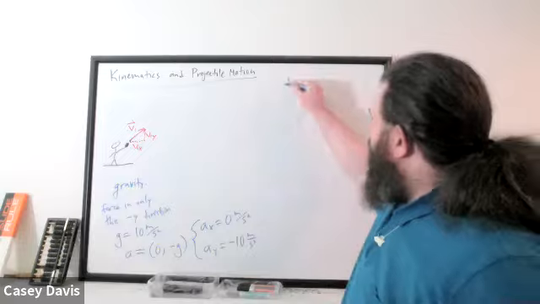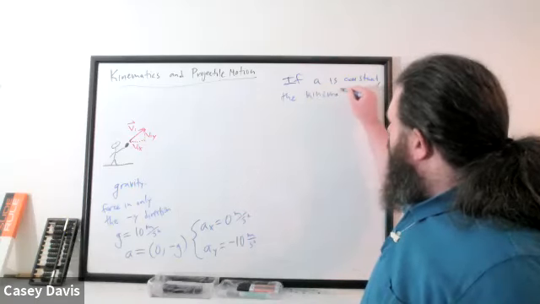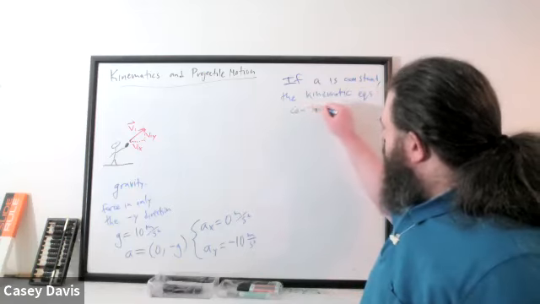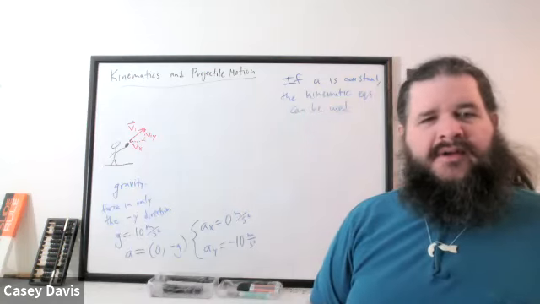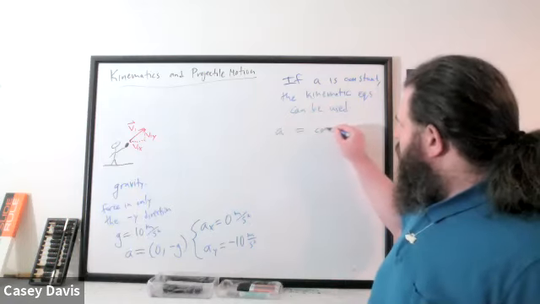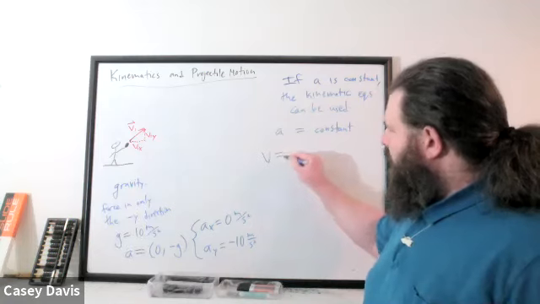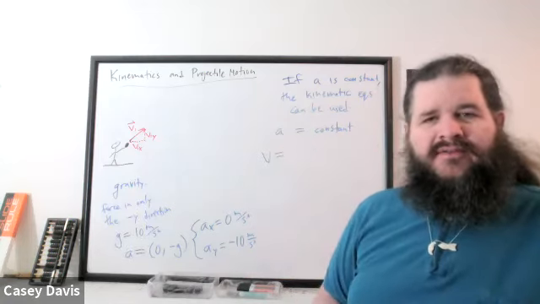In general, if acceleration is constant, the kinematic equations can always be used, because we got those equations by assuming acceleration is constant in the first place. We can calculate velocity by, if you know the acceleration, what do you have to do to it to get velocity?